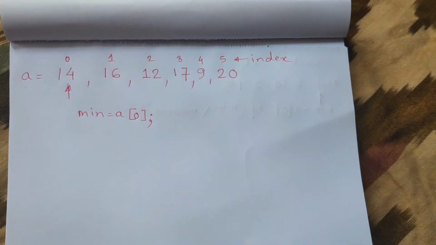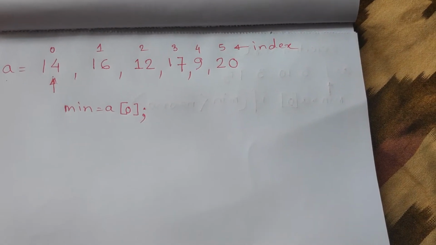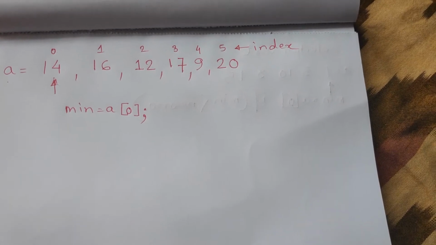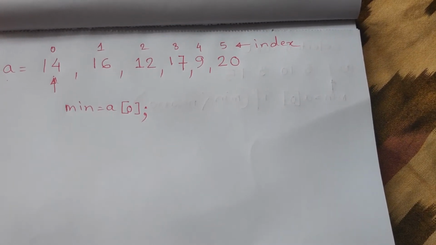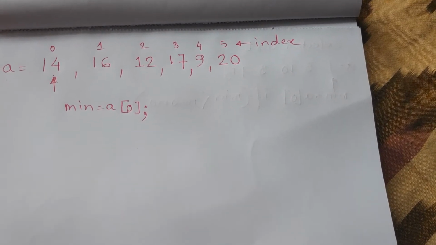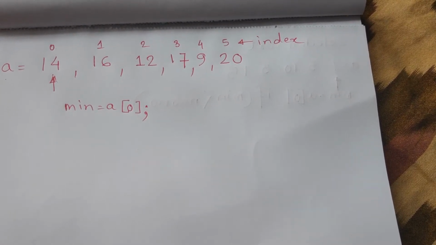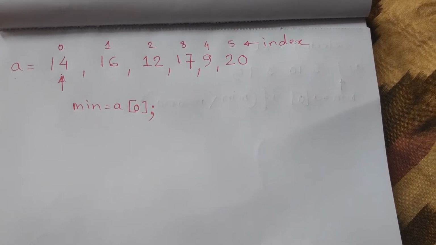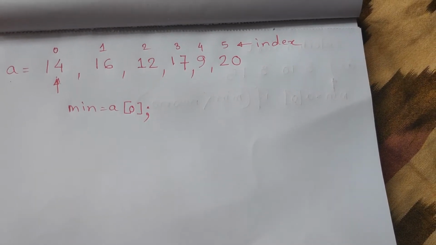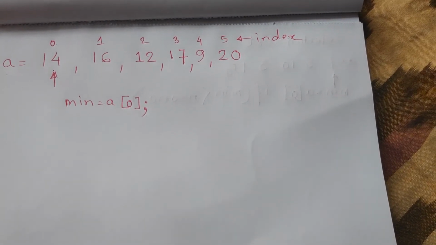Those who are not aware of this algorithm, we know that A0 might not be the minimum number in an array, but we initiate the minimum number as A0 so that we can compare other numbers with A0 or the minimum and find out which is the actual minimum in an array. This is the initiation state.